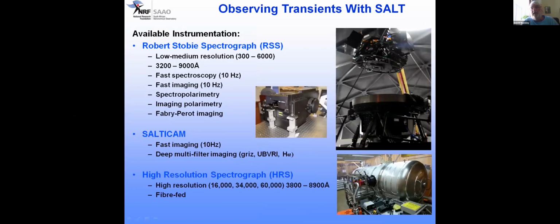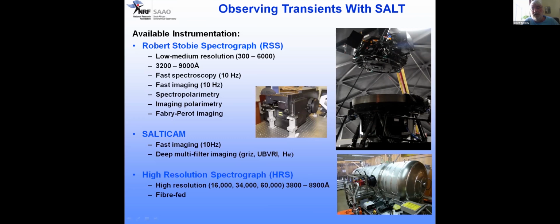And the other nice thing about it is all of the main instruments, all three facility instruments, which are just shown here: the Robert Stobie Spectrograph, which is the workhorse instrument of the telescope, Salticam, which is a fast imaging camera, and the fiber-fed high-resolution spectrograph. All of those are immediately available at a mouse button click.